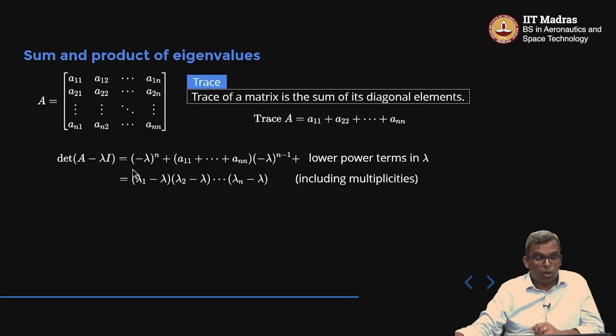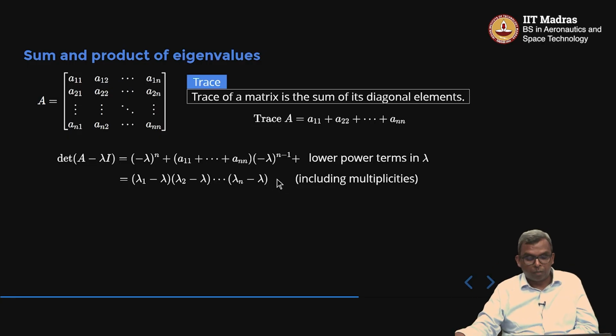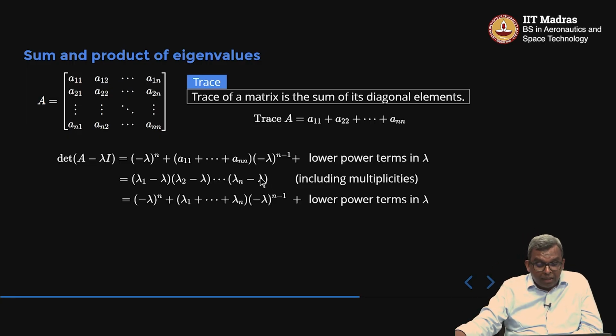And the same polynomial can also be written as lambda 1 minus lambda, into lambda 2 minus lambda, and so on till lambda n minus lambda. That's how we factor it. If I expand out this factored part, I get minus lambda to the power n, which agrees with the first term. Then I get plus the sum of all the eigenvalues times minus lambda to the power n minus 1, plus lower power terms in lambda.